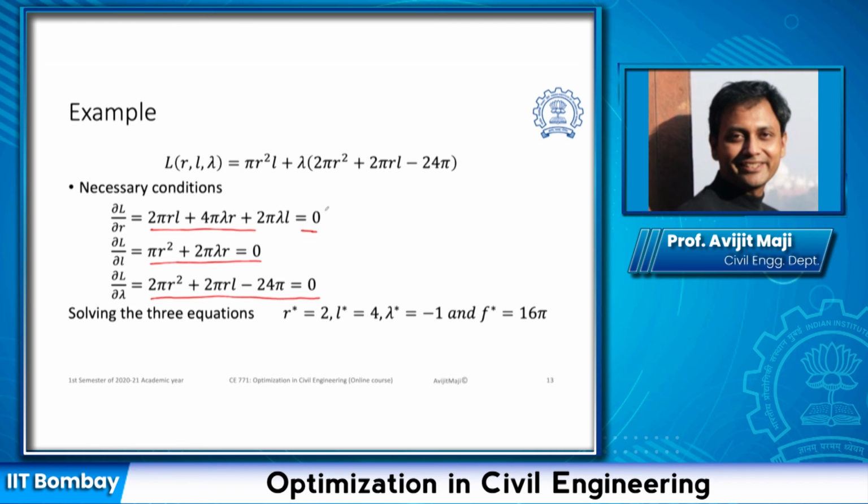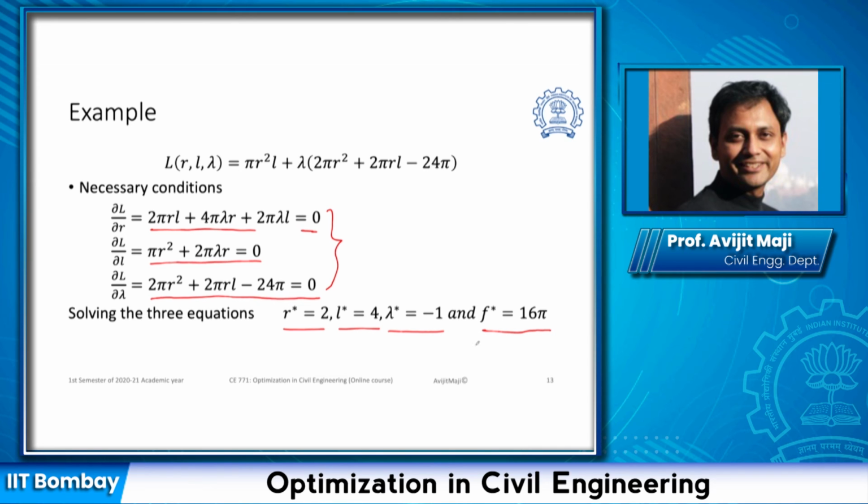So it satisfies the necessary conditions equations, and if we solve all these three equations, we have three unknowns, we can easily solve it and obtain the optimum or extreme point values, where r star is equal to 2, L star is equal to 4, and lambda star is equal to -1. And for all these values, we can easily calculate the function value is going to be 16 pi.